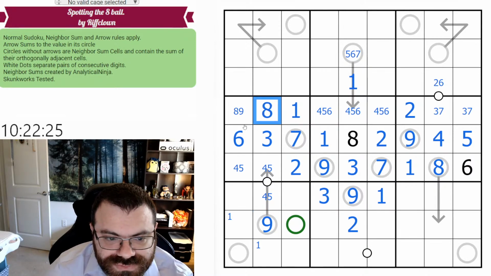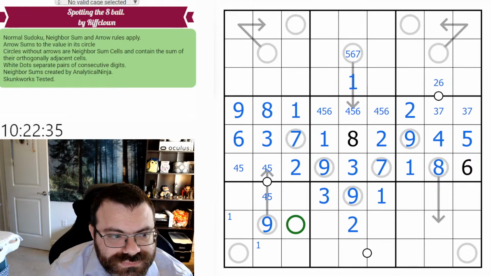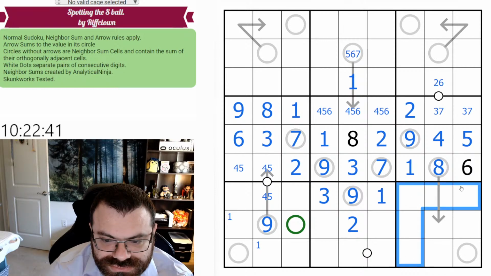This 9 does see up, so we have 8 and 9. 1 in box 9.